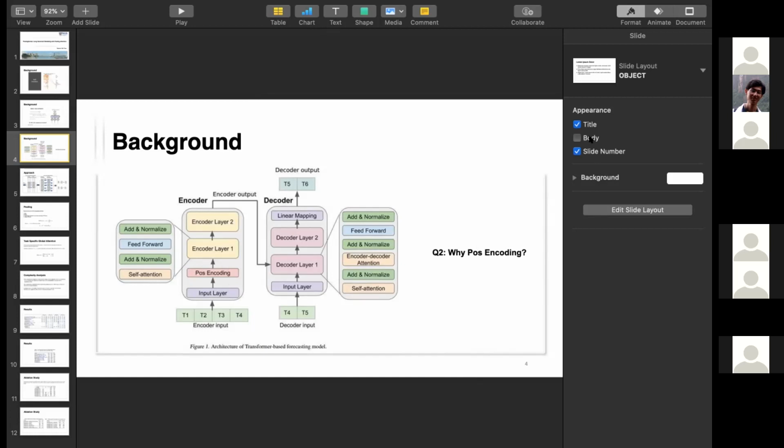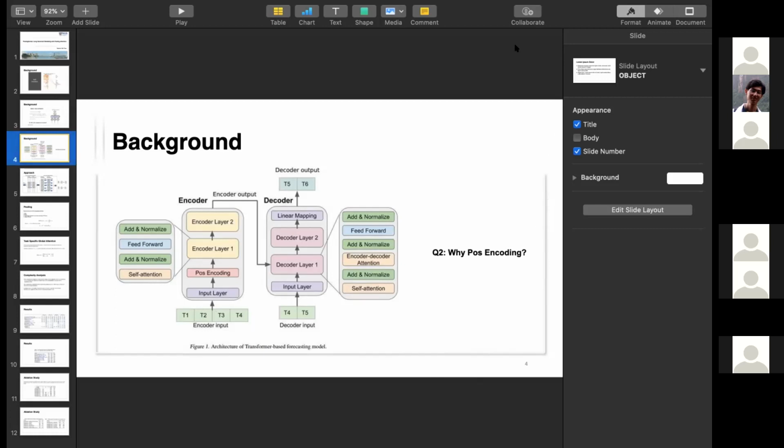Positional encoding assigns each word in the input sentence an index so that the model knows the relative position of each token in the sentence. Ruofan, can you answer this question? Firstly, position matters in language.